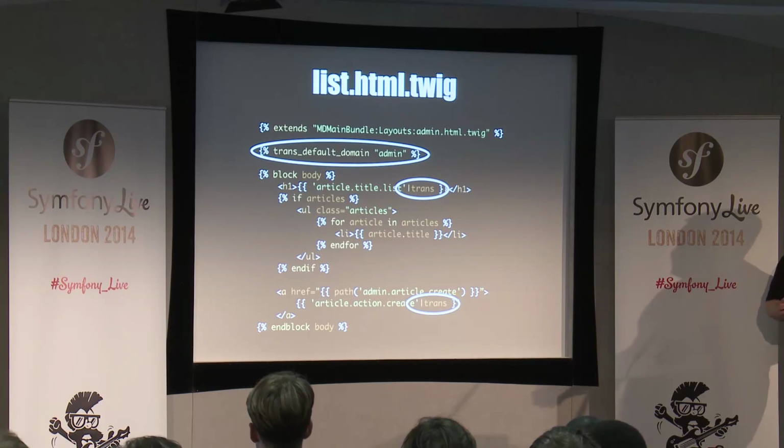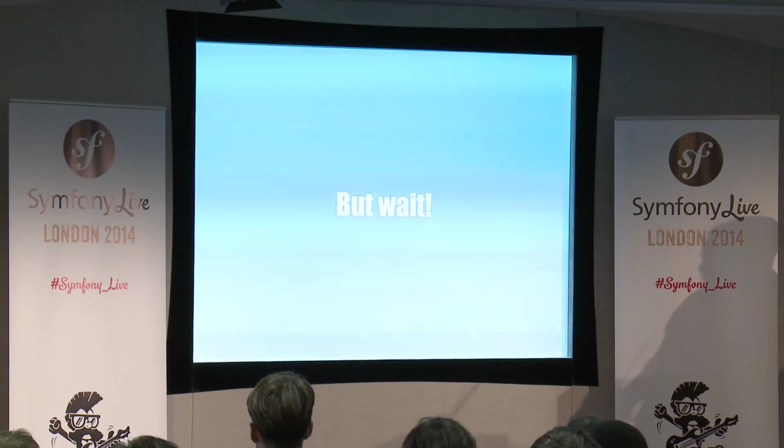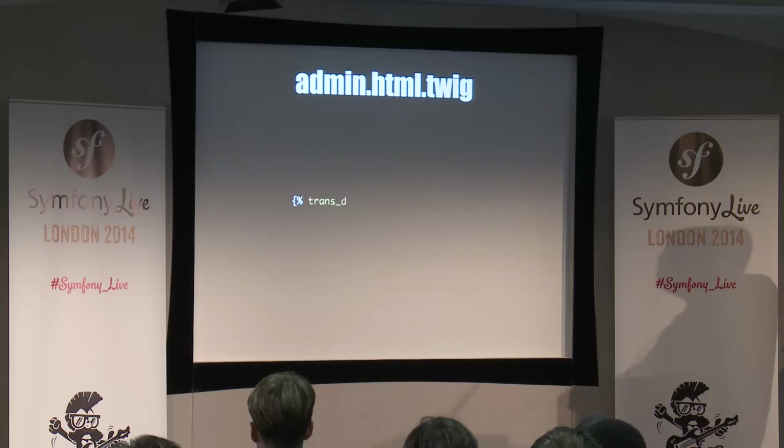It's easier to then go and change it to use a completely different file if you want to. But we've got template inheritance going on. So in your section, if all your translations for this section are in this admin YAML file, why don't we just do this in the layout?